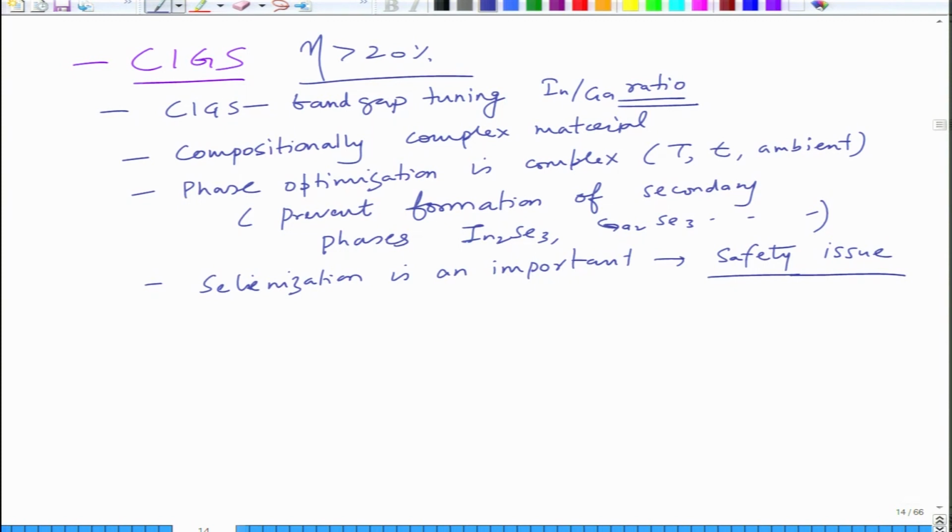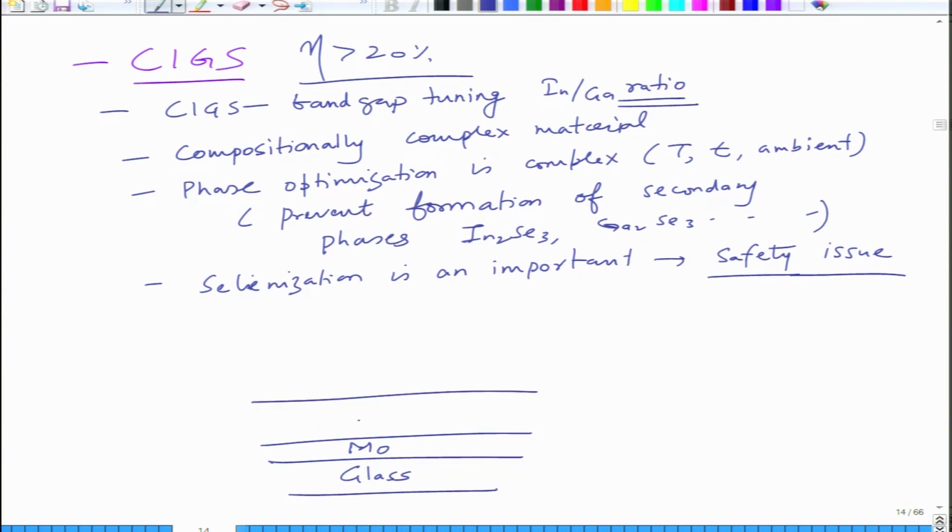However, nevertheless, CIGS is an interesting technology, and in CIGS you have glass, on top of this we deposit a moly contact, and on this moly we deposit CIGS. You can see that the difference here is that on glass we have moly, and moly is an opaque metal. As a result, CdS is deposited on top of CIGS.